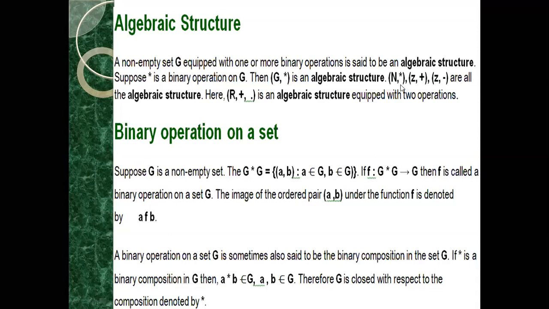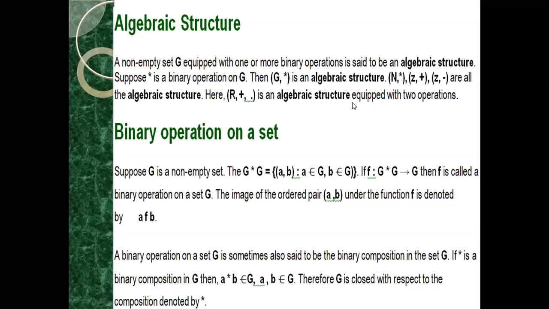Here star represents binary operations like plus or dot, which means product. For example, the sets N, the natural numbers, Z, the integers, with plus and dot: plus is a binary operation and dot is a binary operation on the integer set, and these are all algebraic structures. So here (R, plus, dot) is an algebraic structure equipped with two operations.